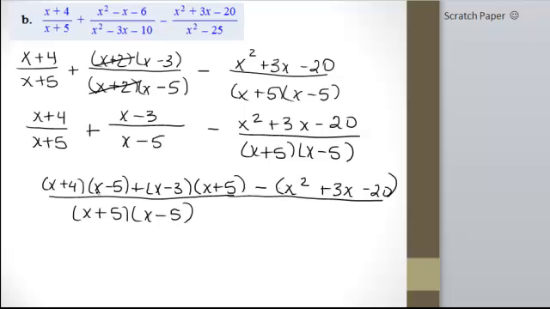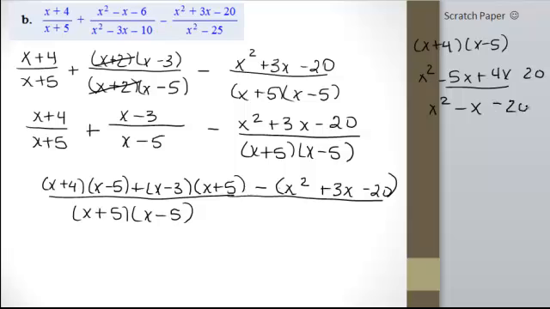Okay, in the numerator, multiply this out. I'm going to do this on the scratch paper since I'm running out of room. So we're going to have x plus 4 times x minus 5. That will be x squared minus 5x plus 4x minus 20. Combine your like terms, so x squared minus x minus 20.